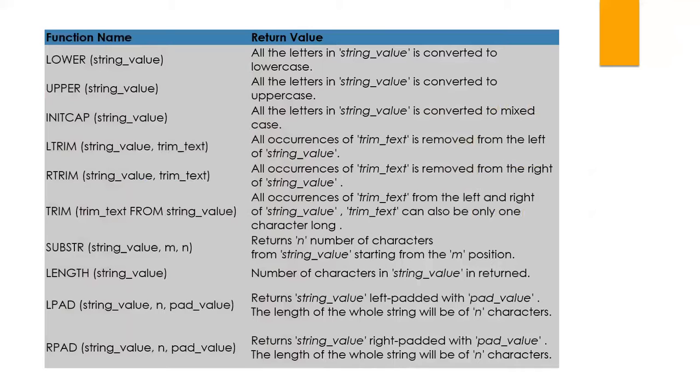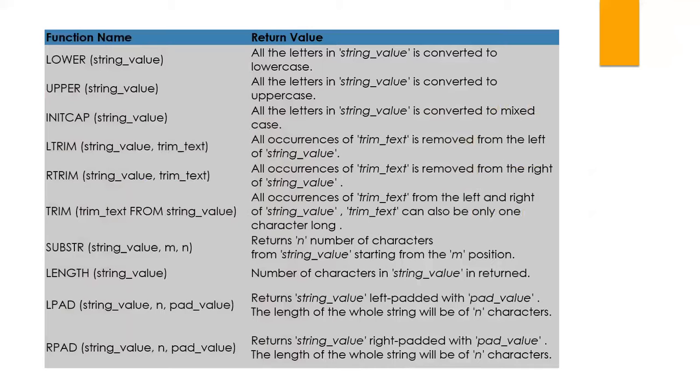First function is LOWER of string value. All the letters in the string value are converted into lowercase. UPPER of string value. All the letters in the string value are converted into uppercase. INITCAP of string value. The first letter of each word in the string value is converted to uppercase.